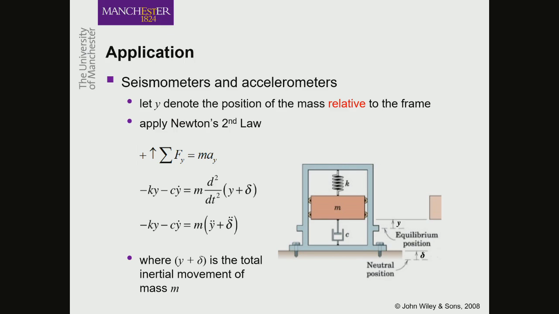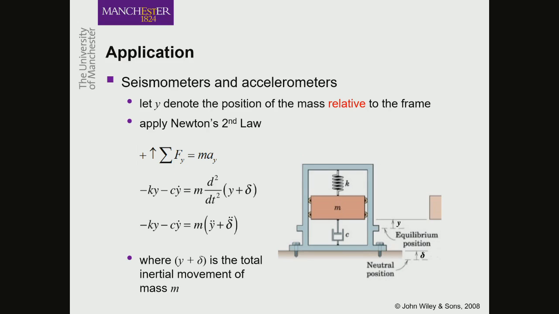Thank you guys for the discussion. And now we are going to consider very important concepts, very important applications of 1 degree of freedom vibrating systems. So, seismometers and accelerometers are two typical examples that work based on the principles that you already know. You see? So, we have practical applications.